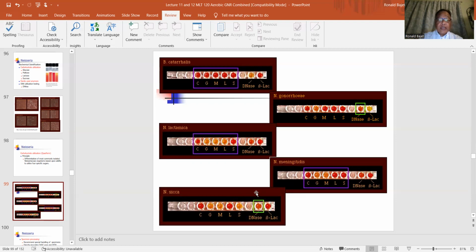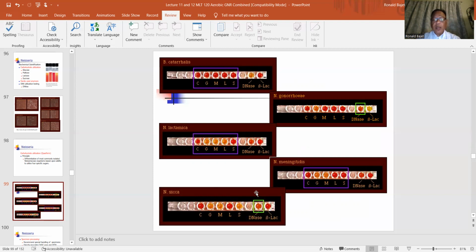As you can see, C is control, G is glucose, M is maltose, L is lactose, and S is sucrose. For example, in lactamica, you see yellow under the G, M, and the L. Under gonorrhoeae, you see yellow under the G. In meningitidis, you see yellow for the G and the M. So look at these closely.